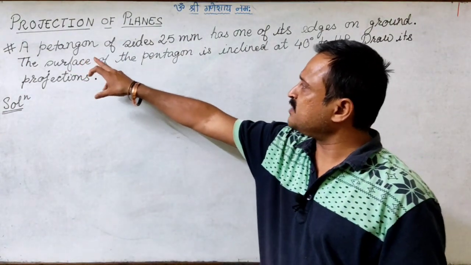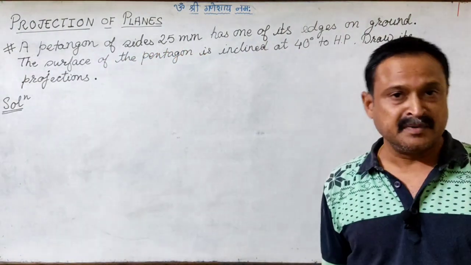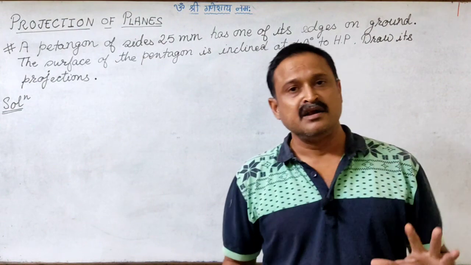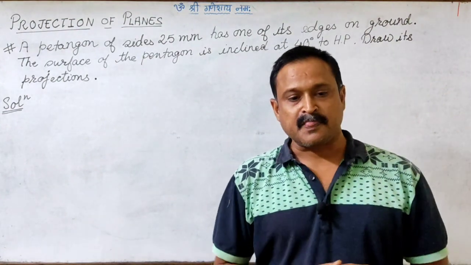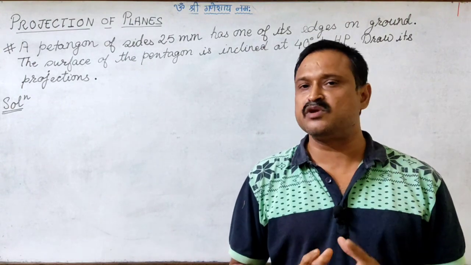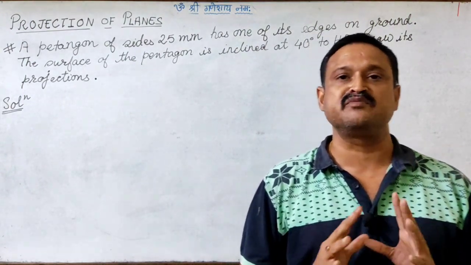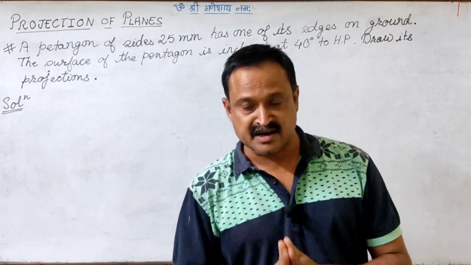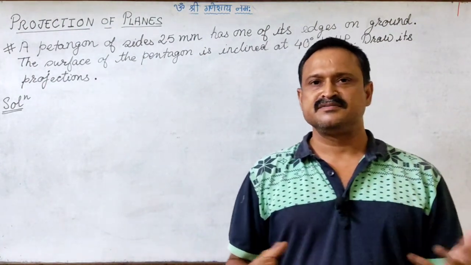Now it is said that a pentagon of sides 25 mm. Even though it is not mentioned, until and unless specifically mentioned, all the planes we will be considering will be regular planes, right? If it is a pentagon, it will be a regular pentagon. If it is a hexagon, it will be a regular hexagon. We are not going beyond these numbers.